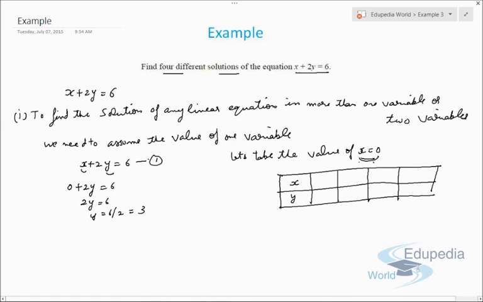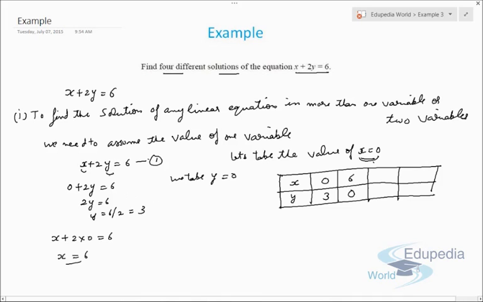In the first we're getting x is 0, so the corresponding value is 3. Now we need to find the next solution. We take y as 0. So what we get is x plus 2 into 0 equals 6. So x equals 6. So we're getting the value of x with the corresponding value of y. So x is 6 and y is 0.